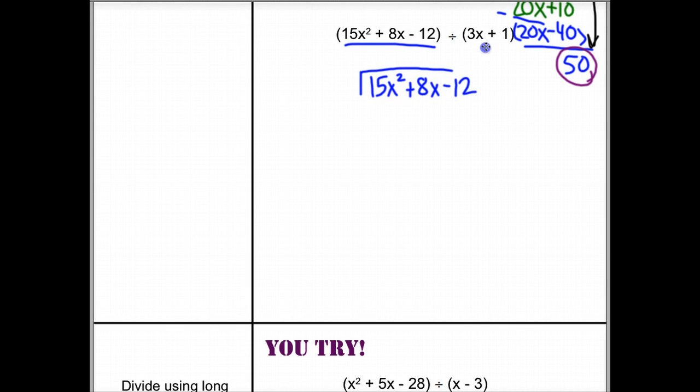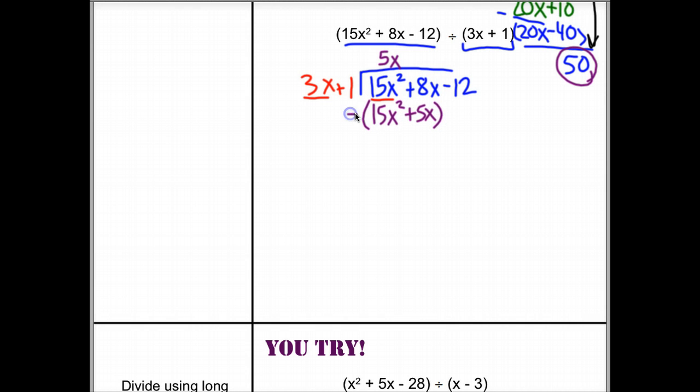Then we put this term on the outside, 3x plus 1. Now we see how many times 3x can go into 15x squared, and that would be 5x times. 3x times 5x is 15x squared, and 5x times 1 is 5x.